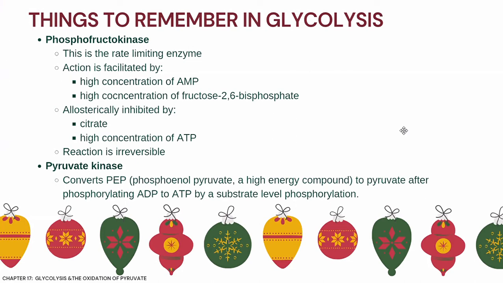So after a meal, fructose 2,6 biphosphate is high. So phosphofructokinase 1 is activated and glycolysis is stimulated. Because remember, phosphofructokinase 1 is the rate-limiting enzyme of your glycolytic pathway.